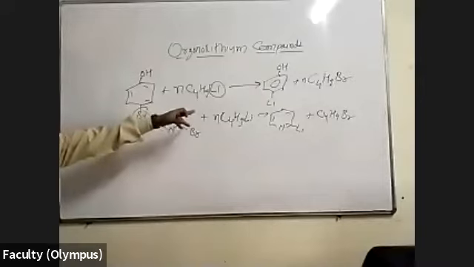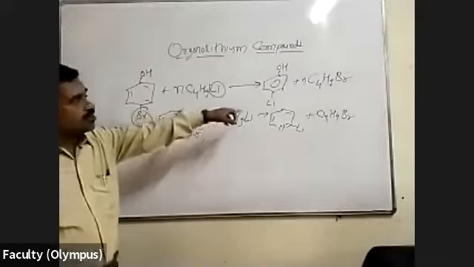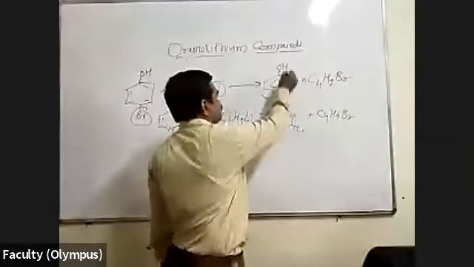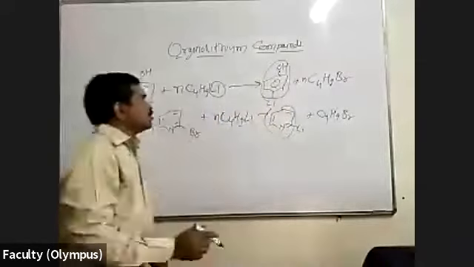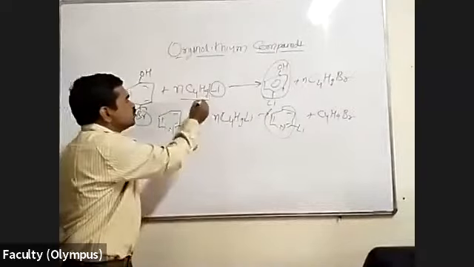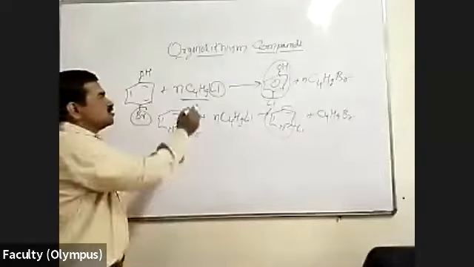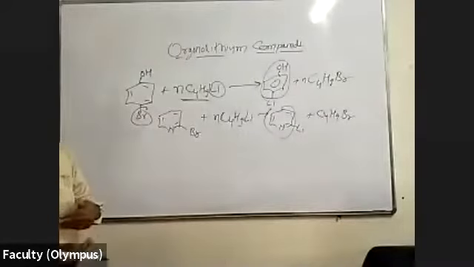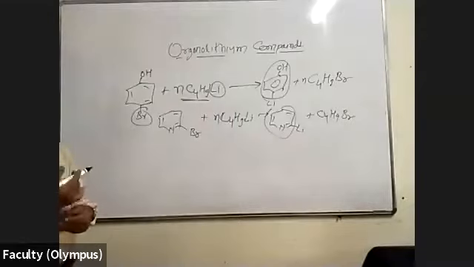It has an aromatic ring, so these are called aryl lithiums. This pyridine ring is also aromatic. This is also aromatic. This N-butyl is alkyl, so this is alkyl lithium. So aryl lithiums can be prepared by metal halogen exchange from alkyl lithium.